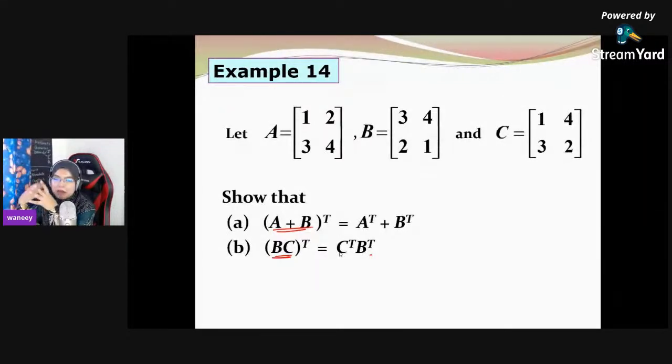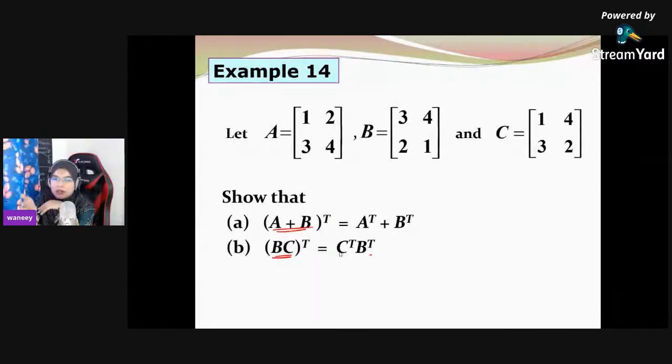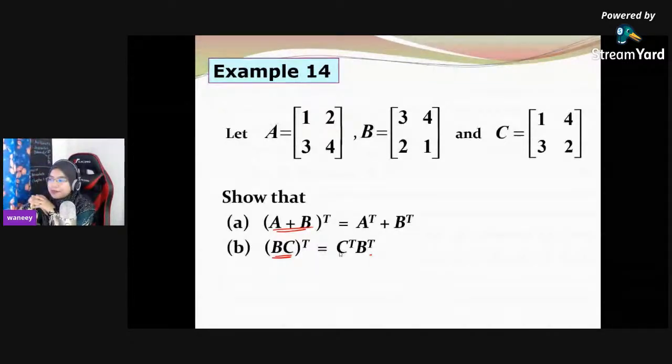Macam kita tengah recap apa yang kita belajar dulu masa high school level kan. So this is actually a recap before we start with a bigger matrix. So this is only 2 by 2. So after this we're gonna work with a 3 by 3 matrix. So ini macam baru recap lah. Baru macam nak panaskan enjin. Sebab macam dah lama tak pernah tengok matrix kan.